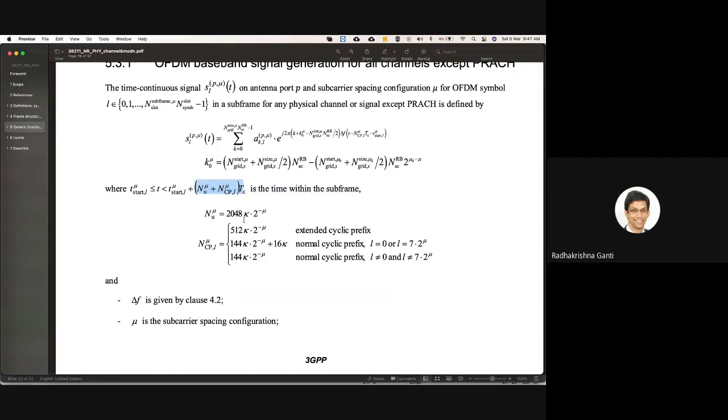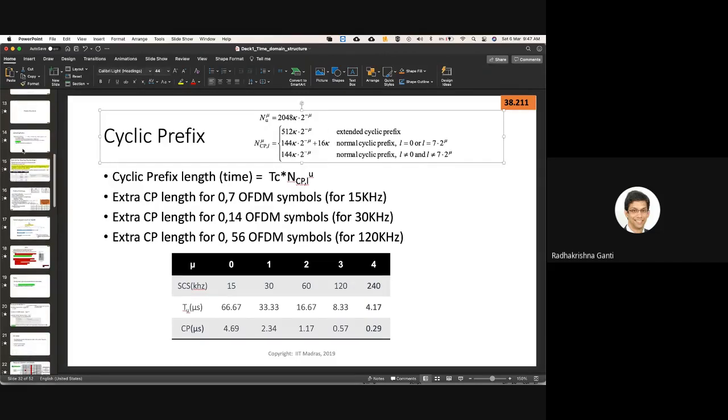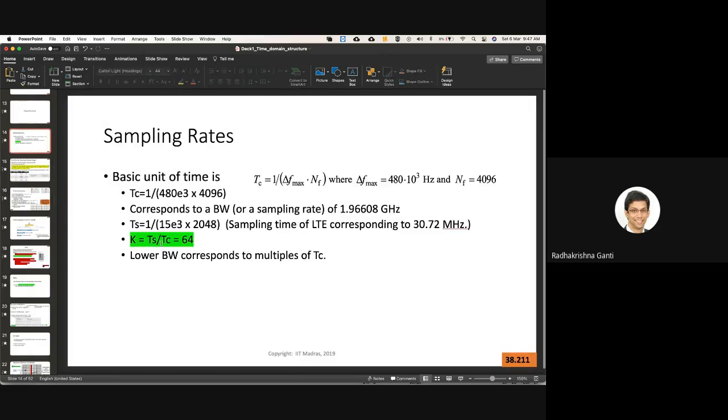The time duration of the whole OFDM symbol is N_u^μ, the number of normal samples, plus the cyclic prefix length, times T_c. Whatever they gave here, you should multiply by T_c to understand the cyclic prefix length. If you compute these formulas, remember what κ was. κ was something we did in the first part. κ is T_s by T_c, which was 64.